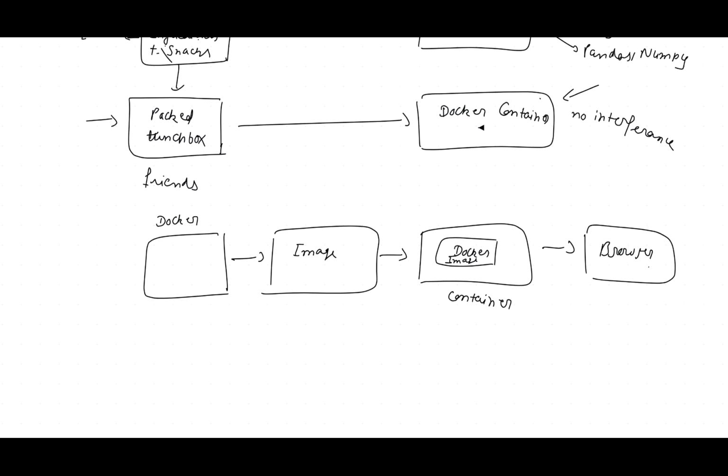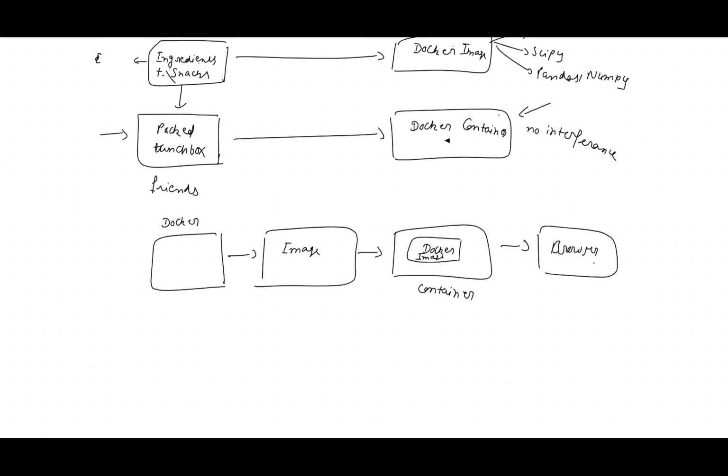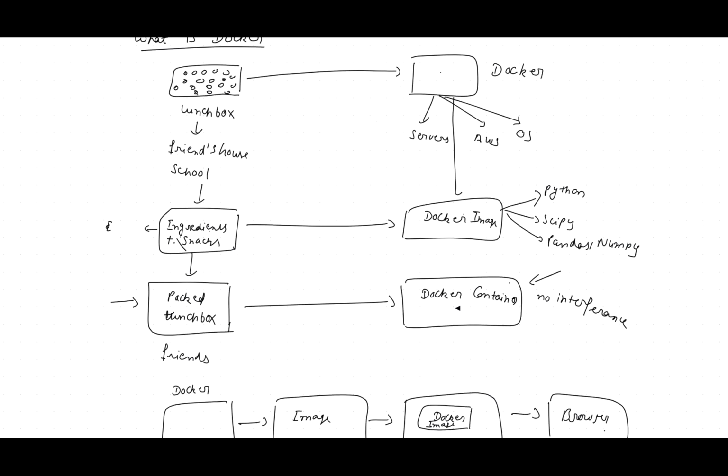Okay, so this is the layman definition which I have tried to make you understand. I hope it helps you build your basic foundation of what Docker is and why we use it, right? So Docker is just the tool which will pack everything inside one image, and you can upload and deploy this image in any environment, either a different operating system or AWS, Azure.